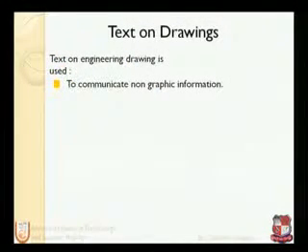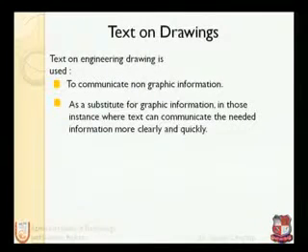Again, back on the topic, text on the drawing. Text on the engineering drawing is used to communicate non-graphic information. It also substitutes for some graphical information, for instance, where text can communicate the needed information more clearly and quickly.